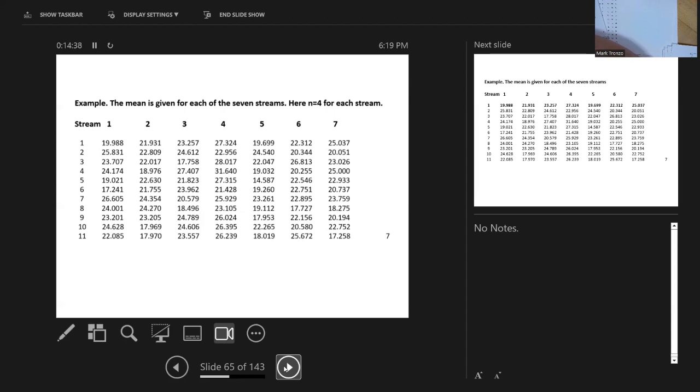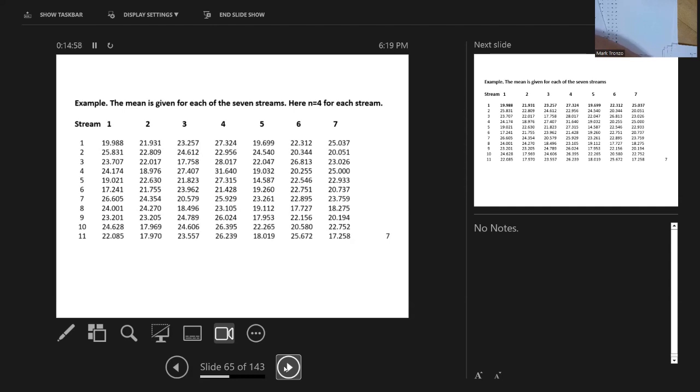We have like 19.988. We're taking 4 from stream 2, and we have 21.931. We're taking 4 from stream 3, and the average of those is 23.257, et cetera, et cetera. And we're doing that maybe every half an hour.